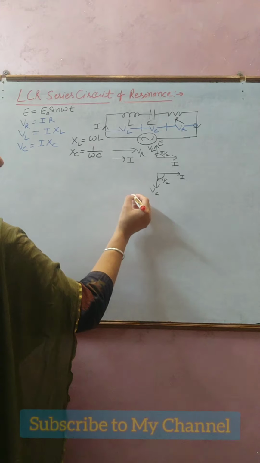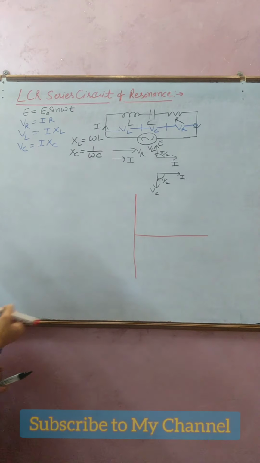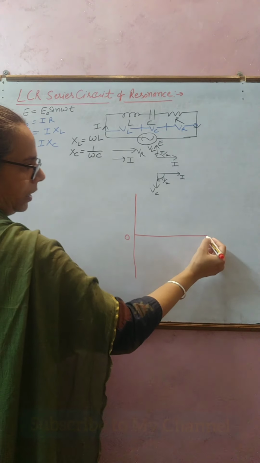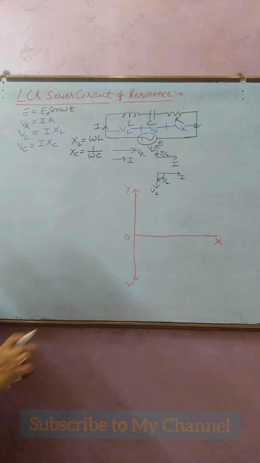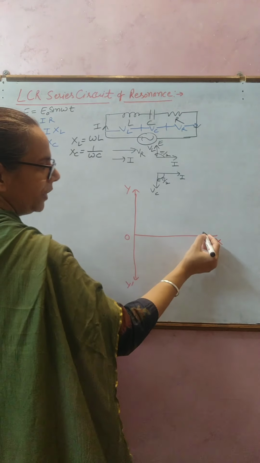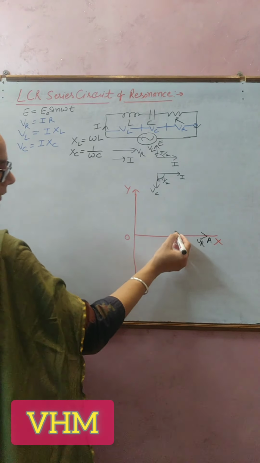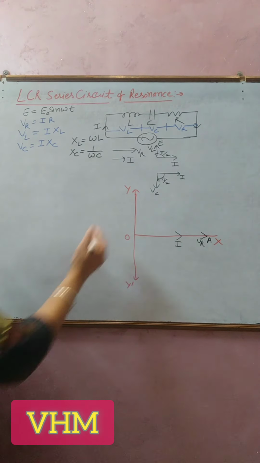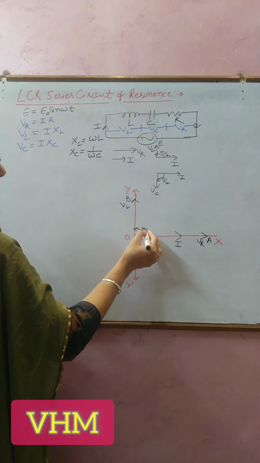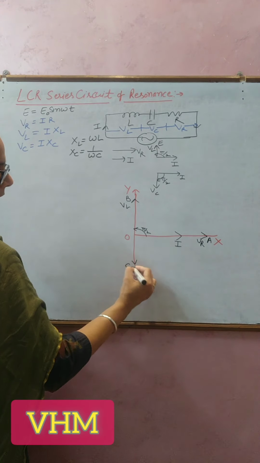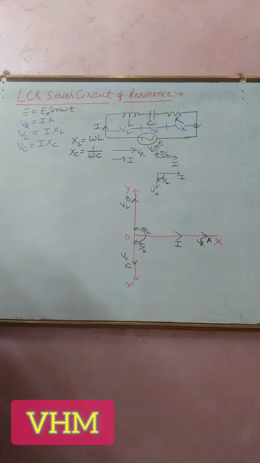Now we draw the phasor diagram for the LCR circuit. This is O, this is the x-axis, this is the y-axis, and this is y dash. OA represents VR, in the same phase as the current, OB represents VL, leading by phase angle pi by 2, and OC represents VC, lagging by phase angle pi by 2.